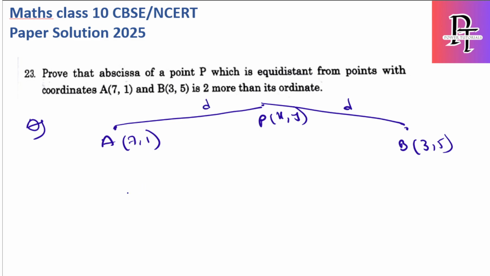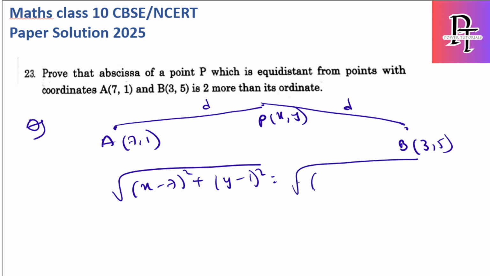Distances are equal. So simply I'll write the formula for distance, which is x2 minus x1 whole square plus y2 minus y1 whole square is equal to... I'm not writing the formula here because this is just a 2 marks question. If you write the formula and all, it will take much time. So directly I'll move to the next step. So these two get cancelled out.